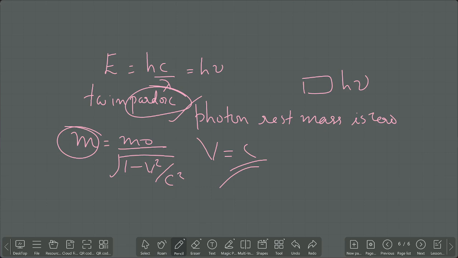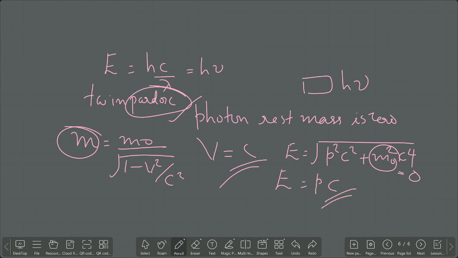Anyways, now we have the energy equation: E equals root of p square c square plus m0 square c raised to 4. This is the energy equation of radiation according to Einstein's relativity concept. Now, if I take the rest mass of the photon as 0, the energy is p into c.